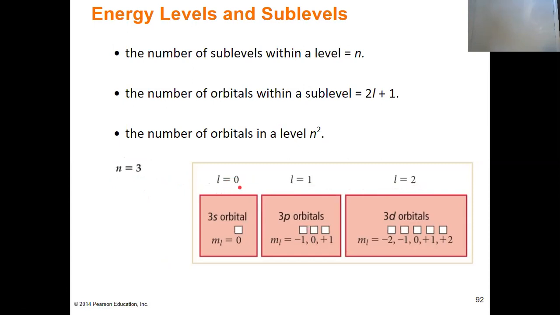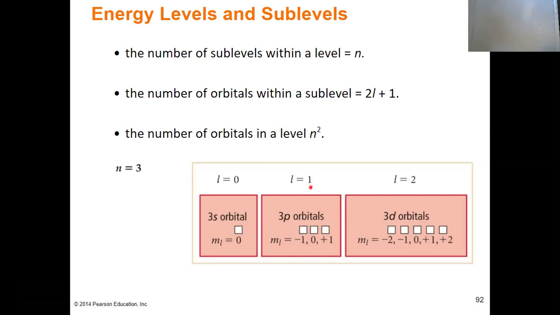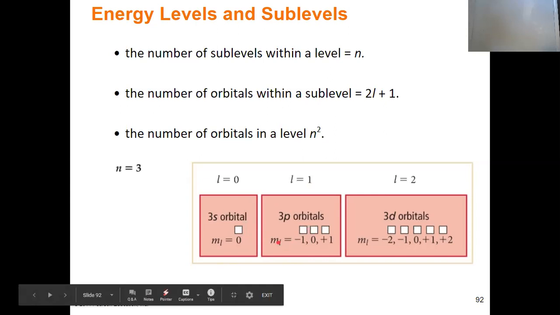If L equals 0, your M sub L value is 0. So there's only one orbital present there. If L equals 1, then your M sub L values are -1, 0, and +1. You have 3 orbitals there. If you have L equals 2, your M sub L values are -2, -1, 0, +1, and +2.